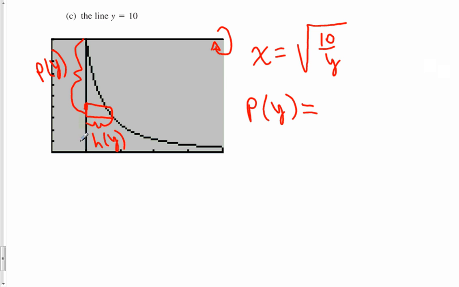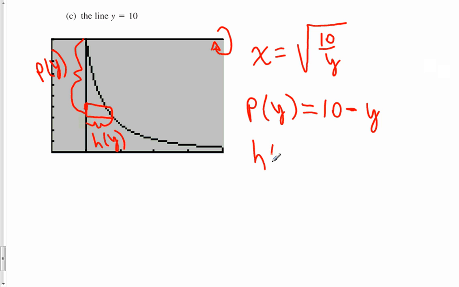the y value here, or the distance from the x-axis to where we are here. So py is going to be 10 minus y. If you subtract away the bottom half, you only get this distance here, py. And then we have hy.